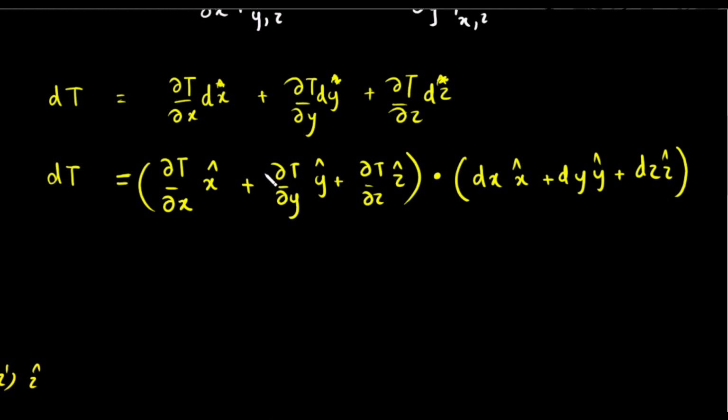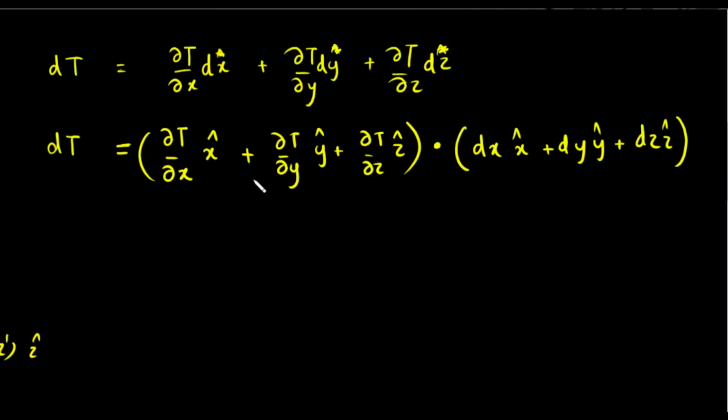You have to think about why I have taken this. If you have x hat dot x hat, that equals 1, so we will have partial t over partial x times dx. When we have y hat dot y hat, that gives partial t over partial y times dy.